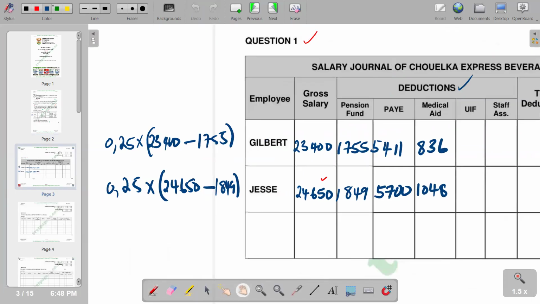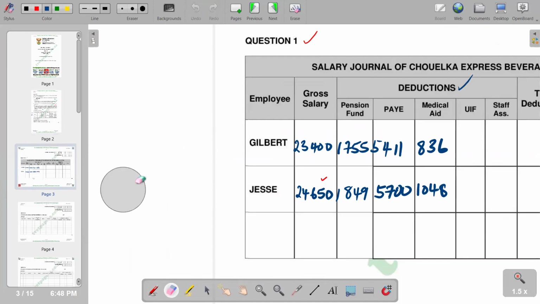So for Gilbert, we are saying 1%, of course, 1% as a decimal is 0.01, and then we multiply by the gross, which is 23,400. We check what answer we are getting.